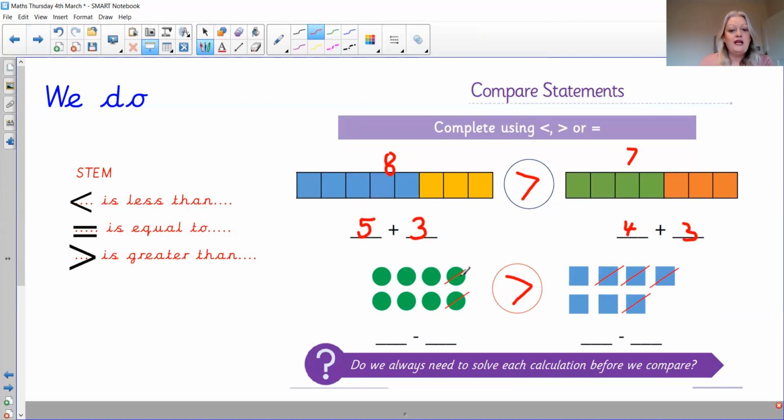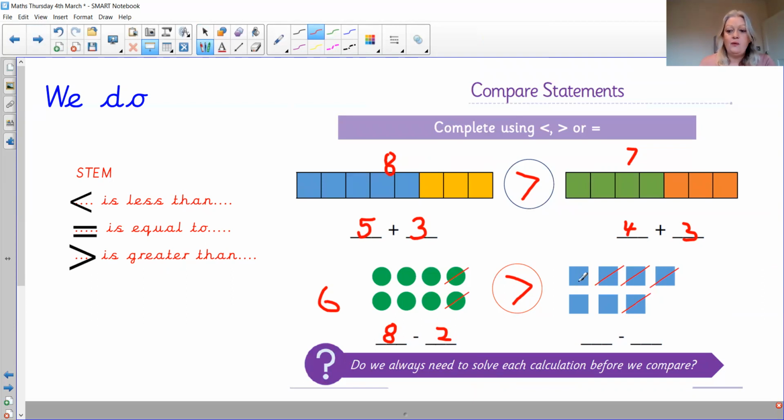1, 2, 3, 4, 5, 6, 7, 8. 8. And how many have I taken away? 2. 8 take away 2 left us with 6. So 6. Let's go to this side.